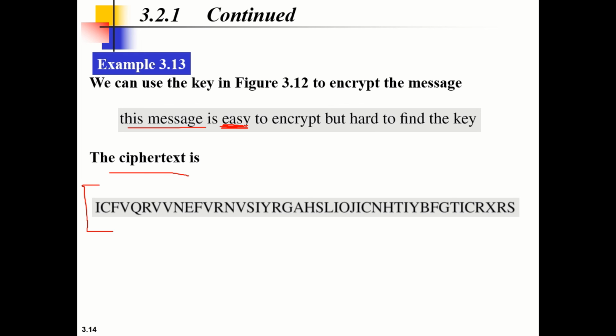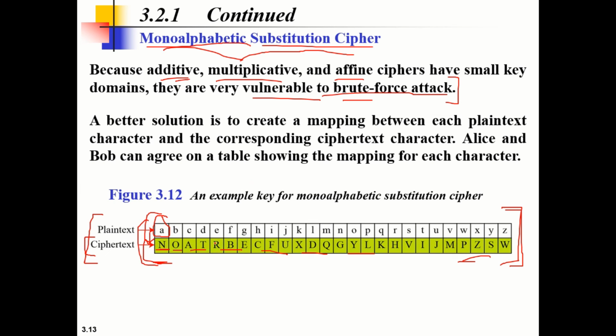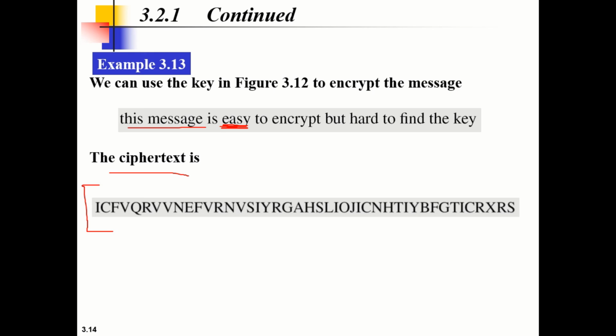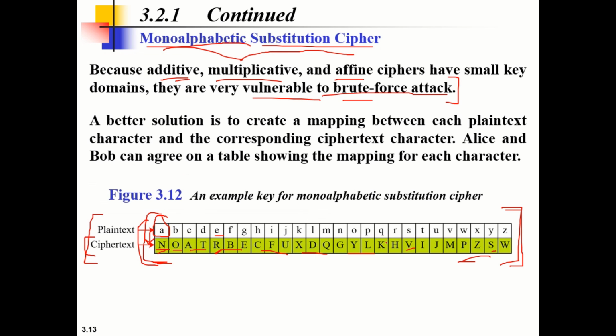E is R, A is N, then S is V, and Y is S. So R, N, V, S, we will have it over here. Here you can see these characters, right? This T, you can check whether it is there or not. This T's corresponding cipher text is I.